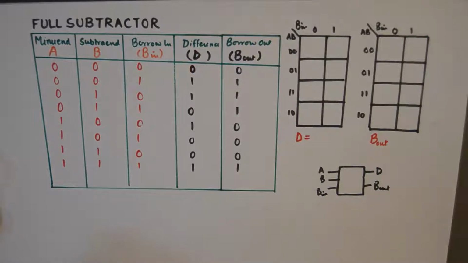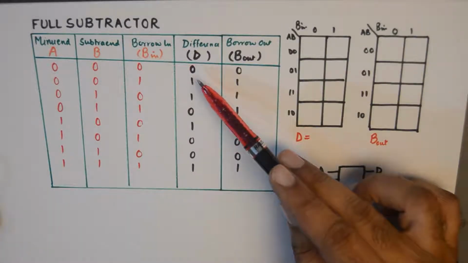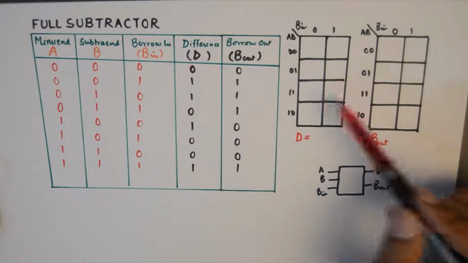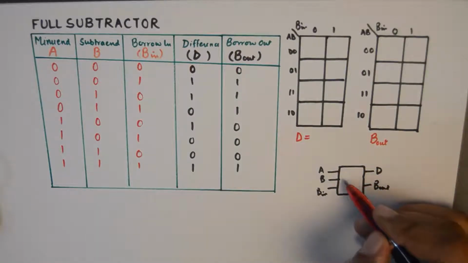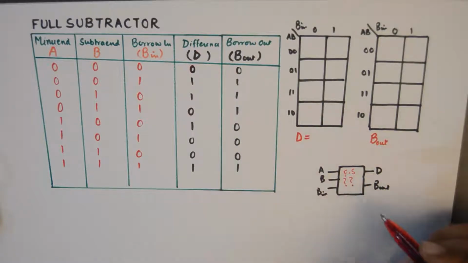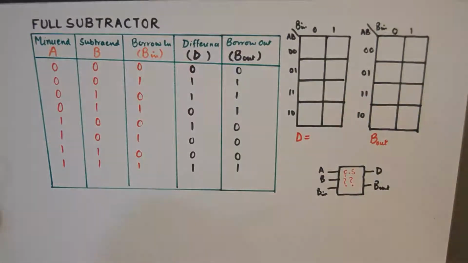Once this truth table is filled up properly, we can simply put the values of difference and borrow out in the K-maps to find their expressions, and then we can find out what is inside the full subtractor. We'll draw the logic diagram after we've solved the K-maps.